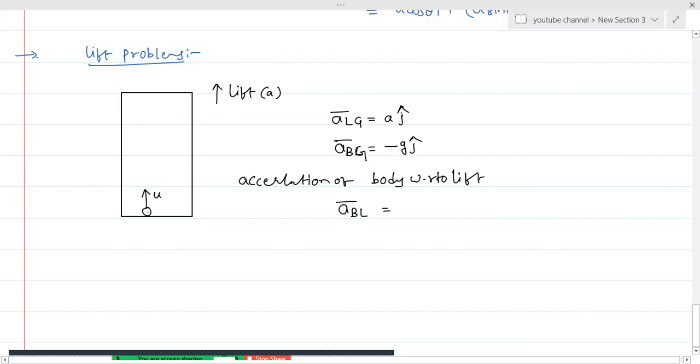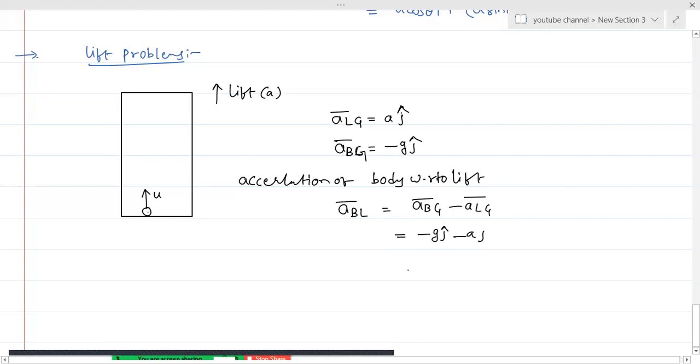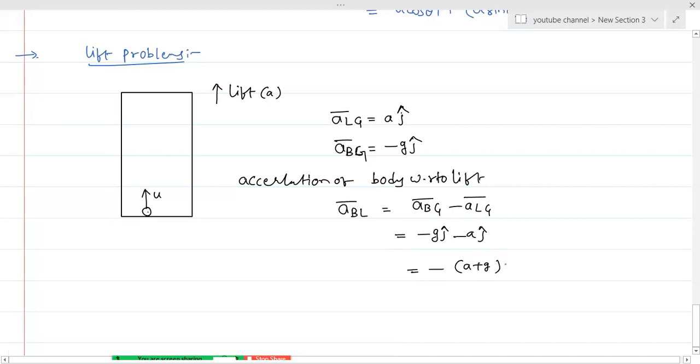Actually this is the acceleration of the body with respect to the ground. So therefore we take the acceleration of the body with respect to the ground minus the acceleration of the lift with respect to the ground. So therefore we will write minus g j cap minus a j cap. Finally, minus of (a plus g) into j cap.